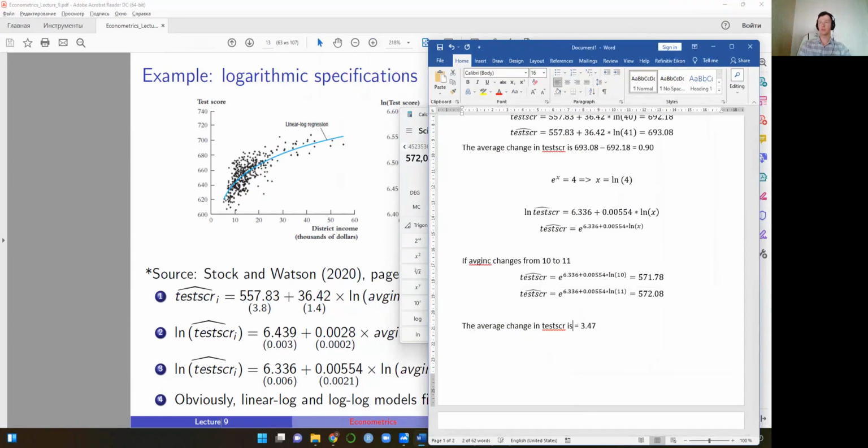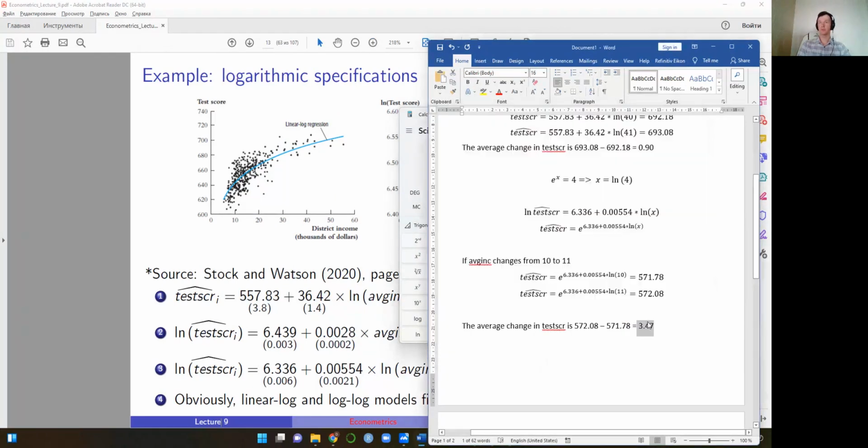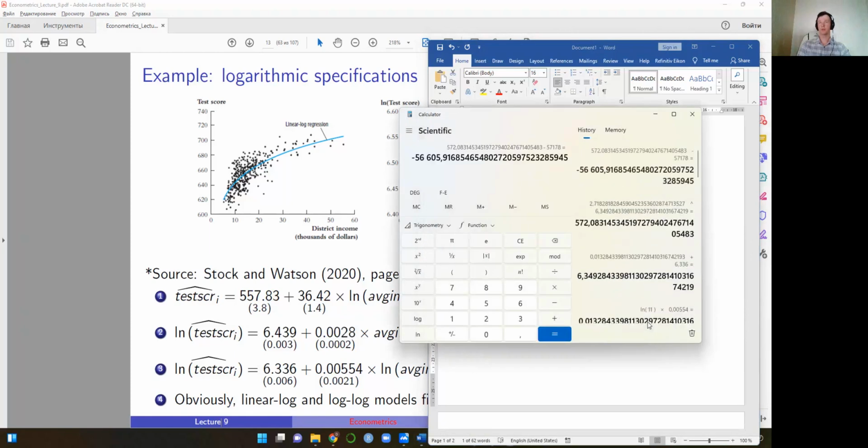So the average change in the test score is here. So it's 572.208 minus 571.78, and the result is, oops, I forgot to put comma here.